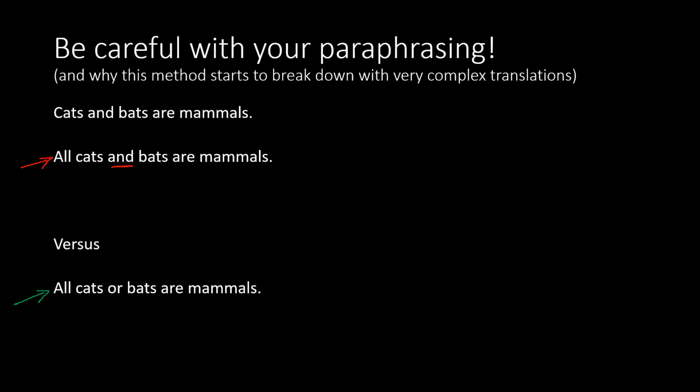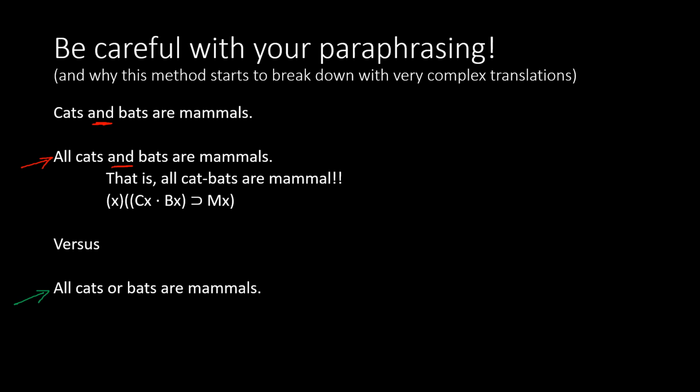This paraphrase is tempting, I think, because the and also occurs in the original sentence, and because in English, all cats and bats are mammals is maybe at least ambiguous between cats and bats being mammals.